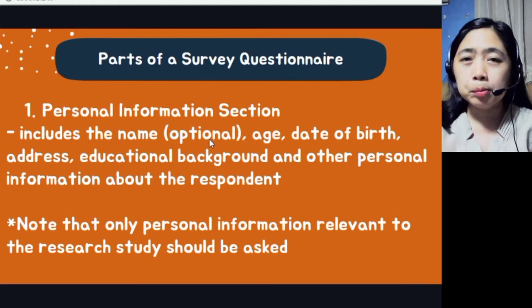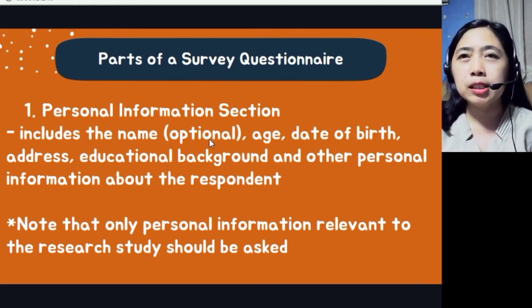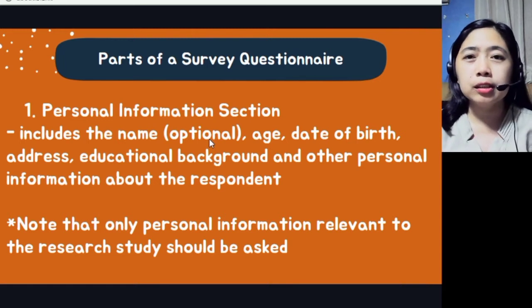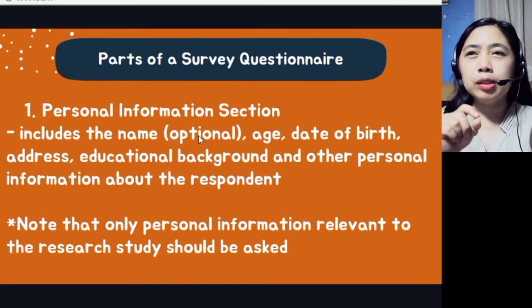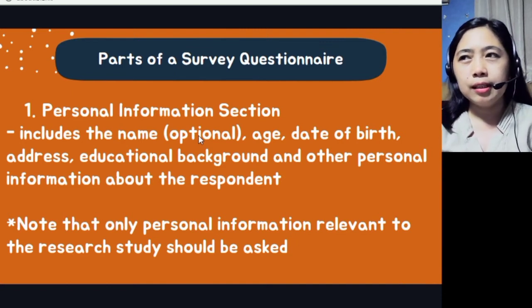So make it optional. You should indicate there that rest assured that all information will be confidential. That's also for their privacy and security. You can also use initials or an alias or another name.